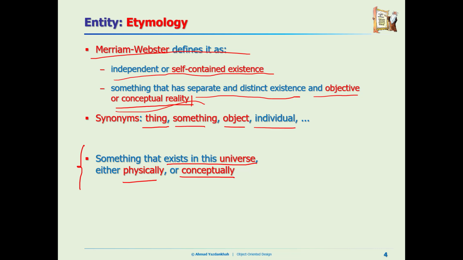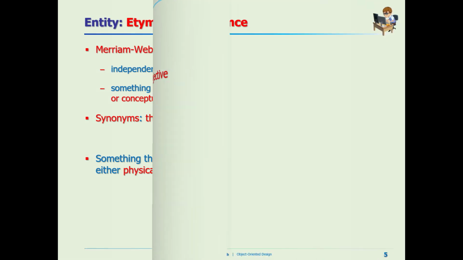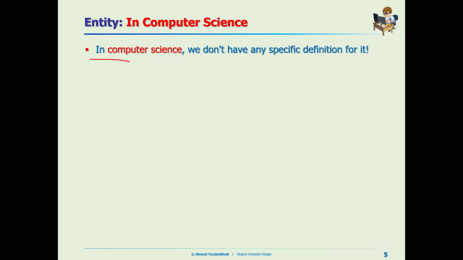Let's see what the definition of entity is in computer science. In computer science, we don't have any definition for that. I have seen some definitions on different sites or even in different dictionaries, but the fact is that we don't have a specific definition for it.